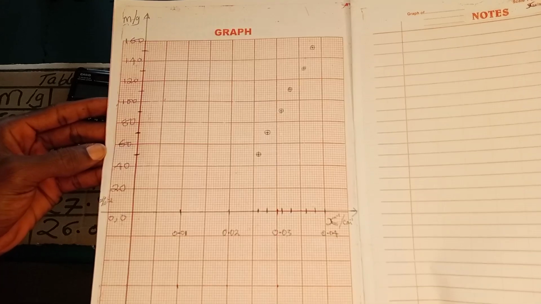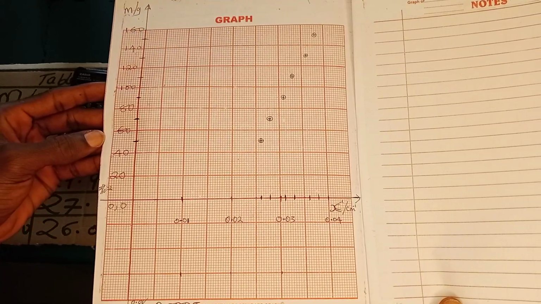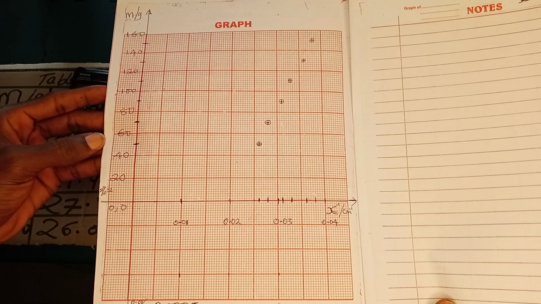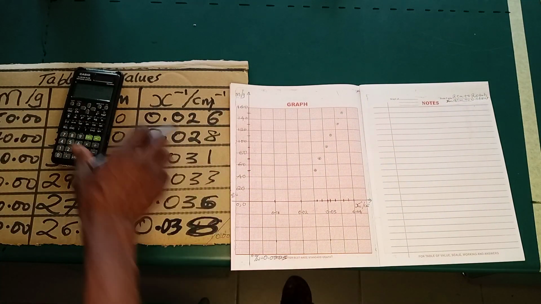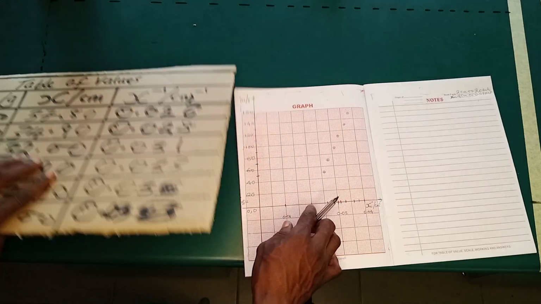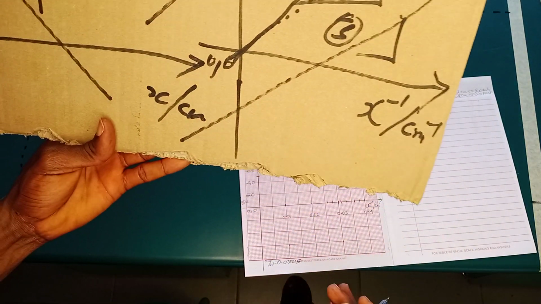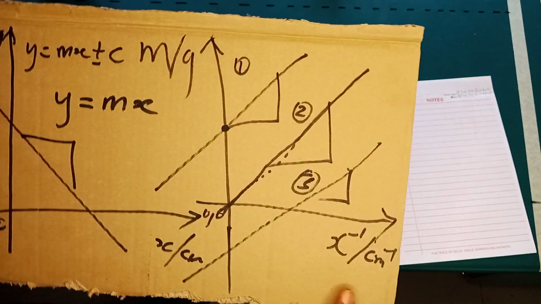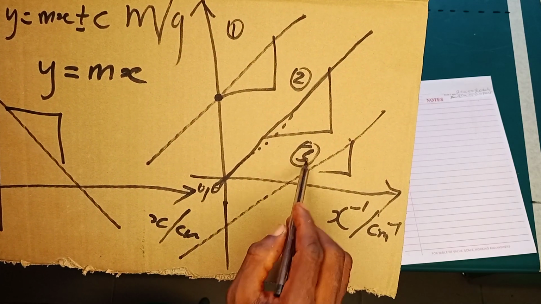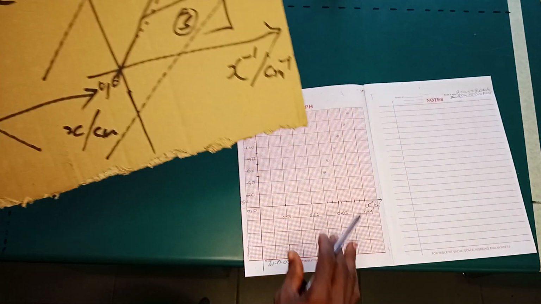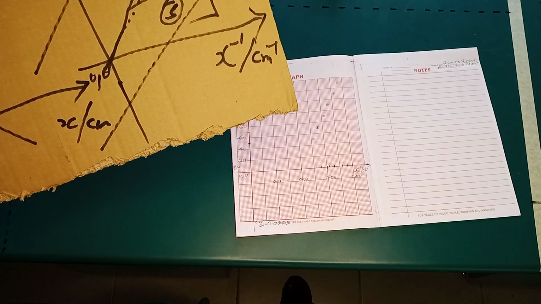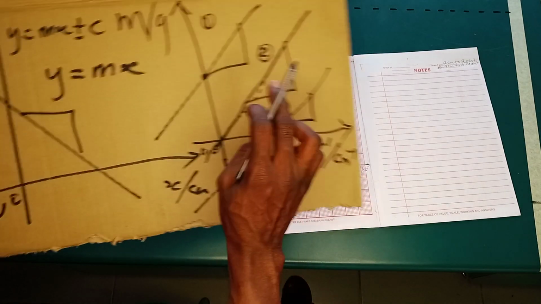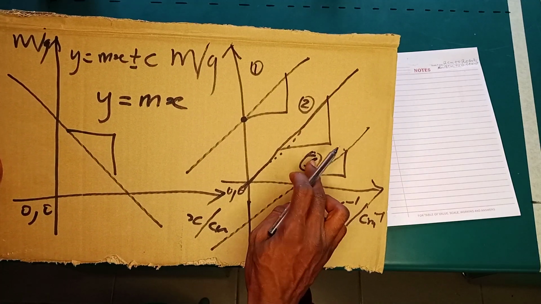We are done with the graph. Just look at it. This graph is exactly what I predicted. Do you remember? I predicted something like this. And obviously, we are going to plot graph 3, just that the line does not extend down here. But this is the graph we are going to plot right now.